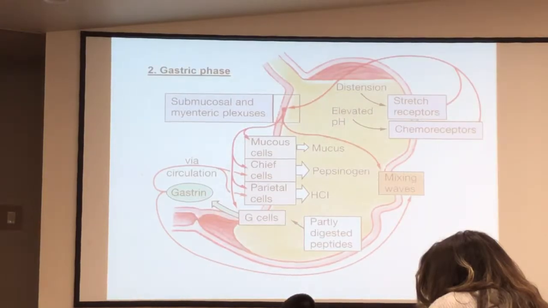Now we go to the second phase. You see the yellow color, the food coming down, and we still continue to move and mix all this.